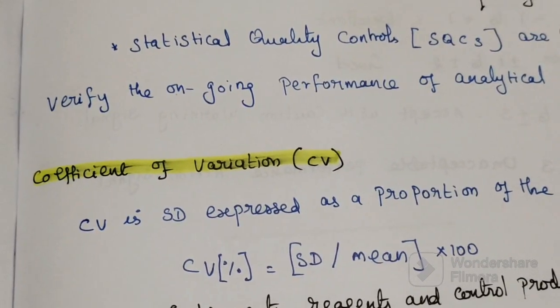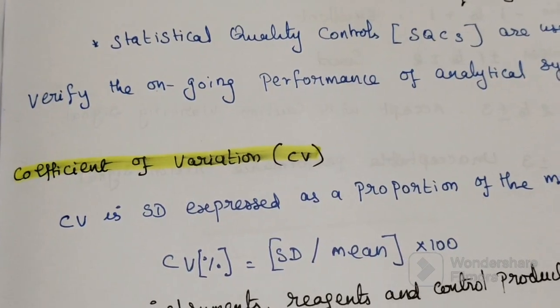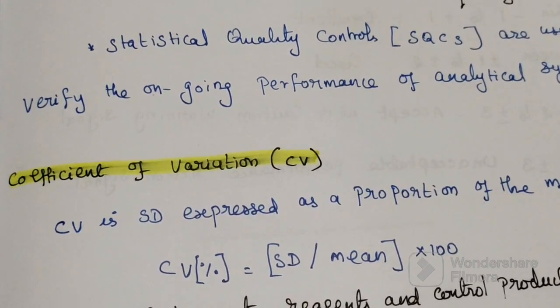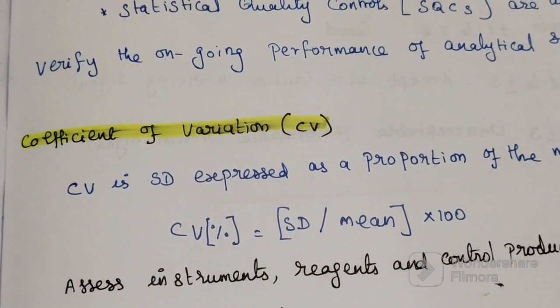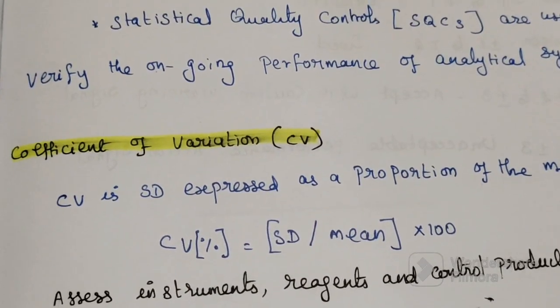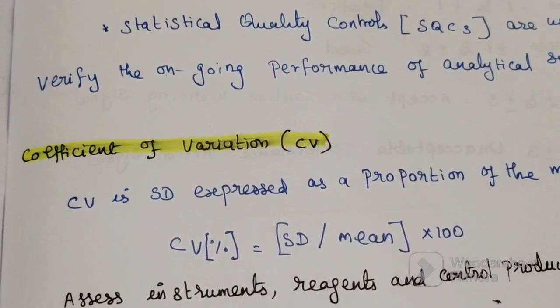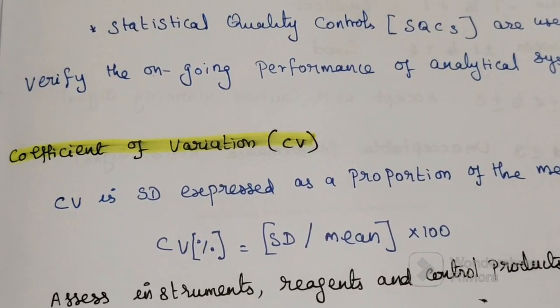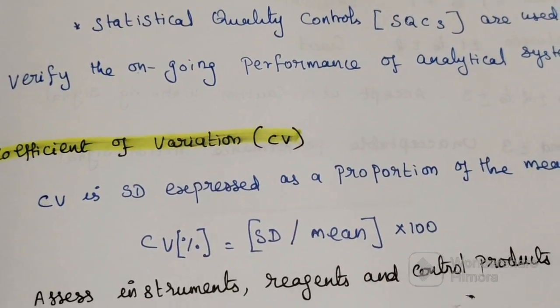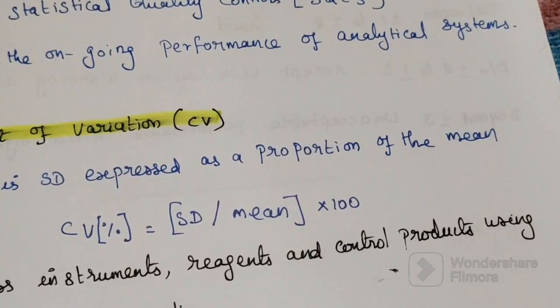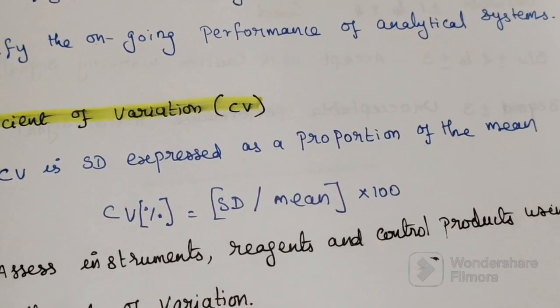The next strategy is the coefficient of variation. CV is the standard deviation expressed as a proportion of the mean.